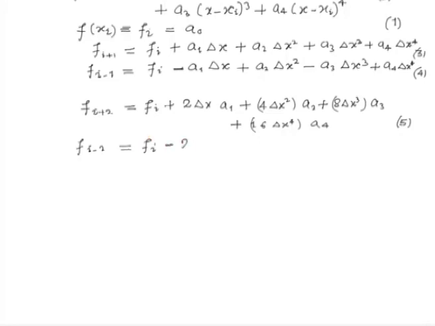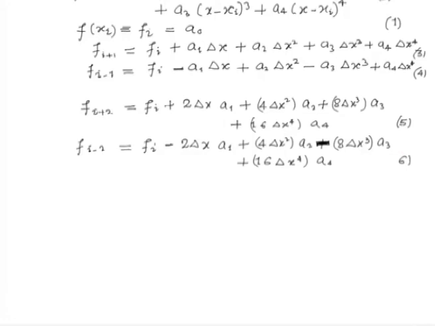So fi minus 2 delta x times a1 plus 4 delta x squared times a2, and then, since we have taken the cube of minus 2 delta x, that becomes minus 8 delta x cubed times a3, plus 64 delta x to the power 4 times a4.